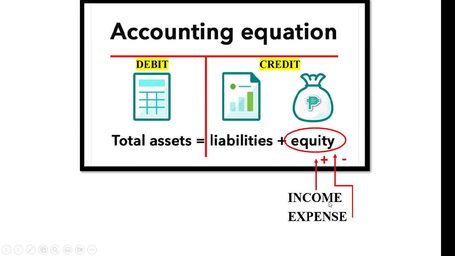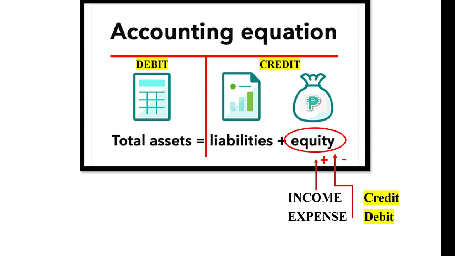Therefore, since income increases equity, its normal balance is credit. Since expense decreases equity, the normal balance of expense is a debit. It just follows the movement of equity. If something increases equity, that is credit. If something decreases equity, that is a debit.